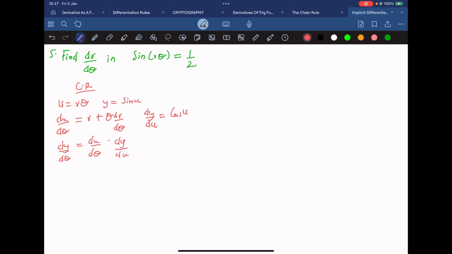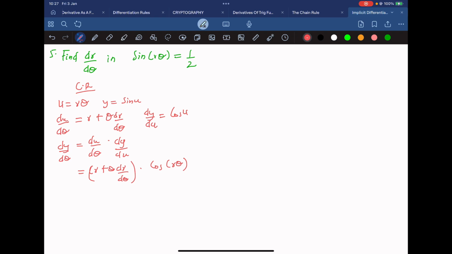So if we simplify, this is just r plus θ dr/dθ multiplying dy/du, which is cosine of u. So cosine of u, where u is rθ, right? Okay, so this is for the left hand side.